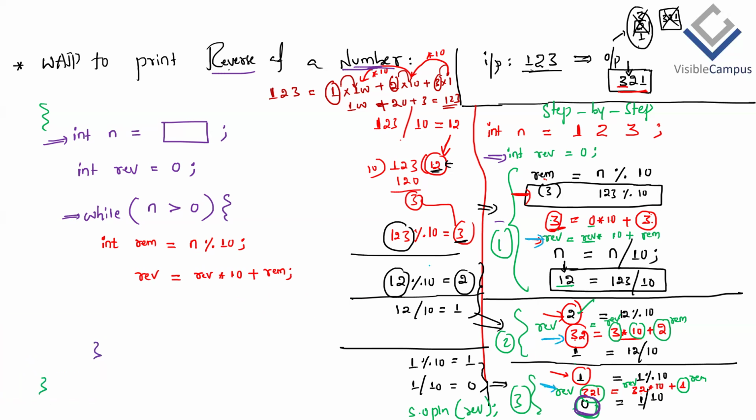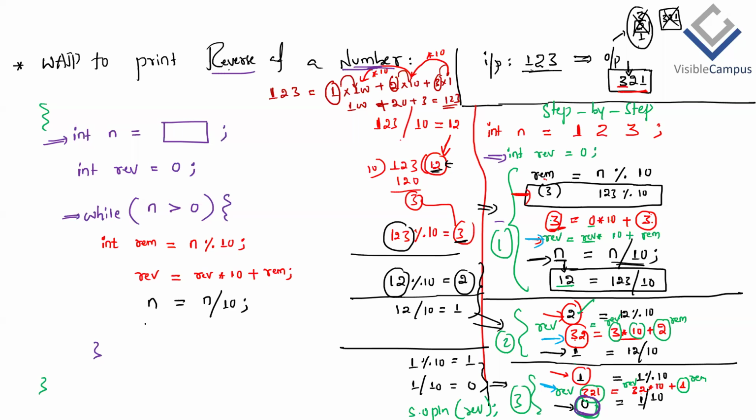Over. What is step 3? This one. That n by 10 we have to do it. The same n slash 10, and the result has to be assigned back to n only.